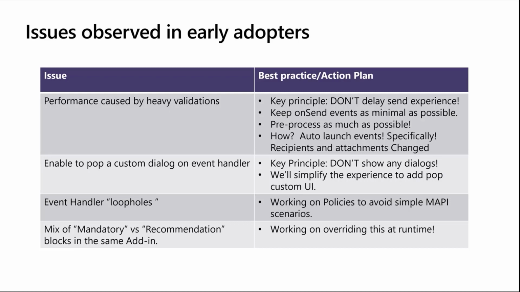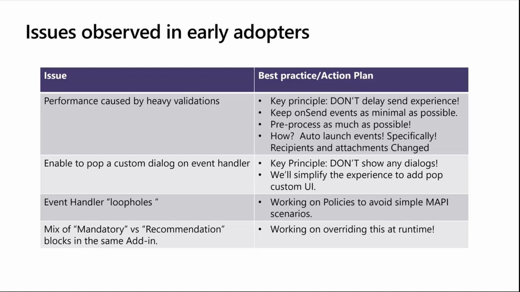And finally, the other very common issue is the mix of mandatory versus recommendation blocks. I was sharing that Smart Alerts can provide different block modes, and it turns out that the same add-in can have both cases. This is something that you specify in the manifest: what is going to be the nature of the block of your add-in?